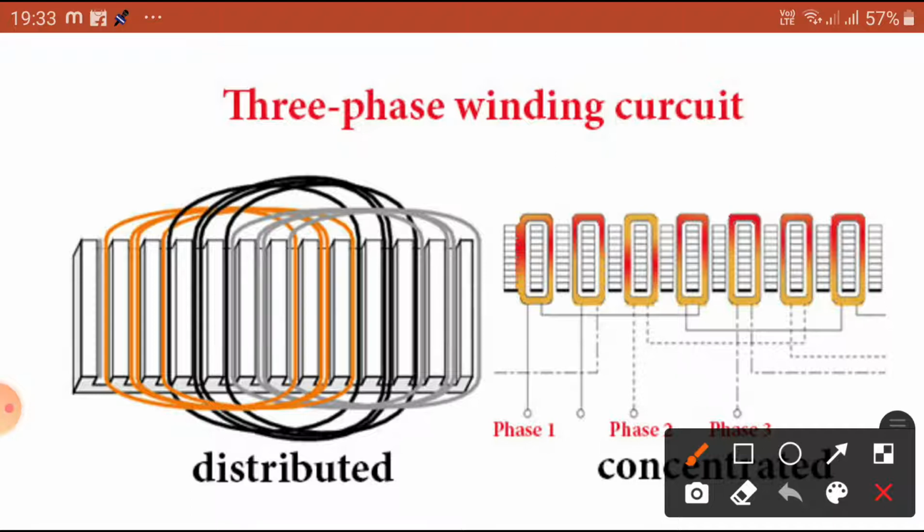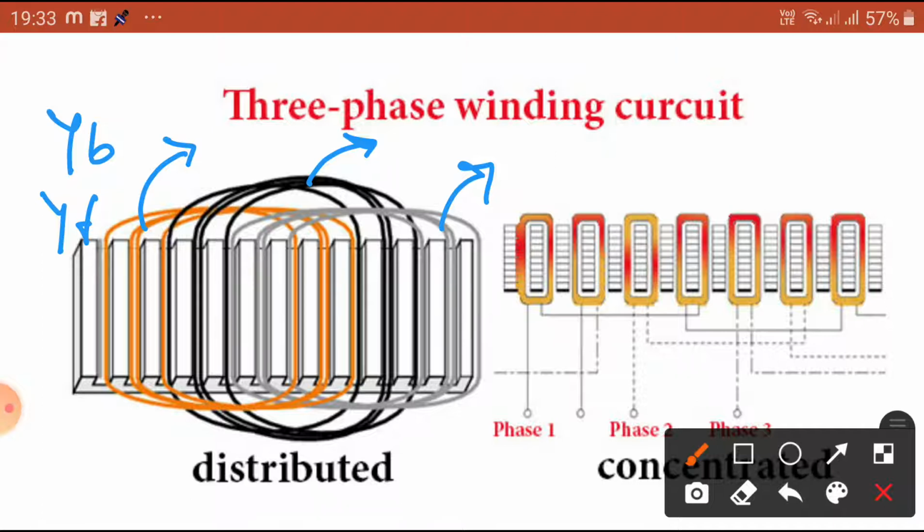Phase 1, you can say the black one is one phase, the ash one is another phase, and the orange one is another phase, placed in distributed slots based on our back pitch and front pitch, one pole pitch apart. We discussed this also in previous classes.